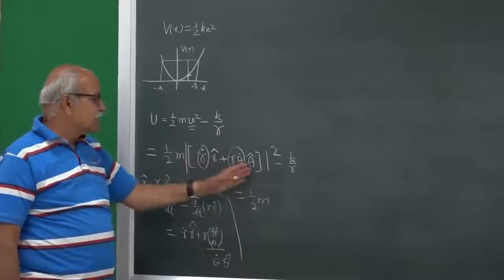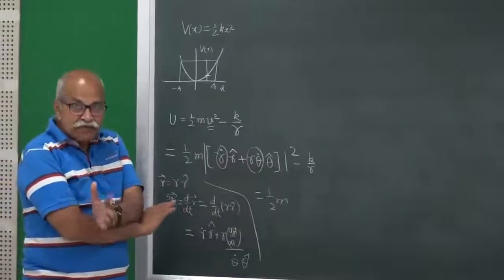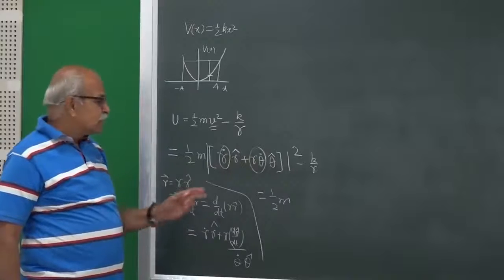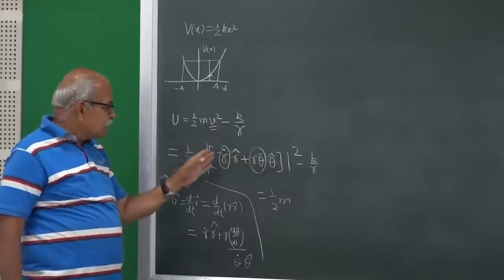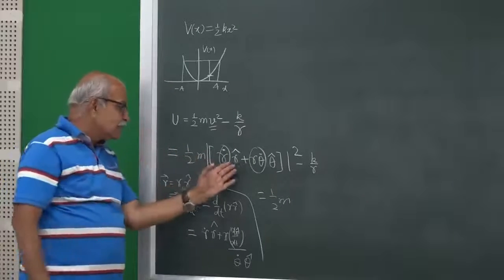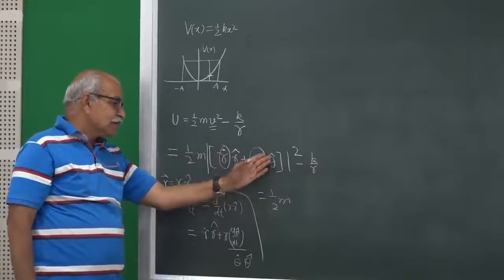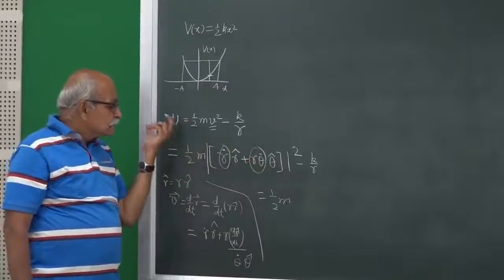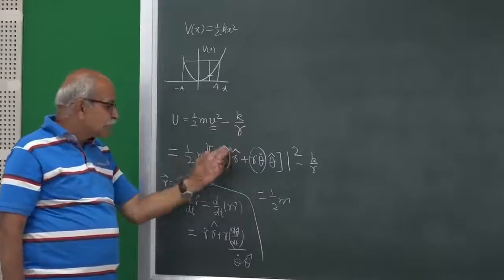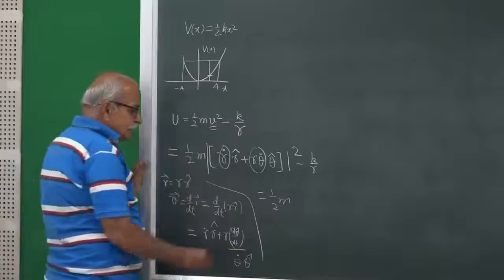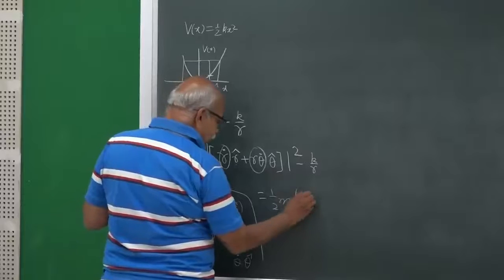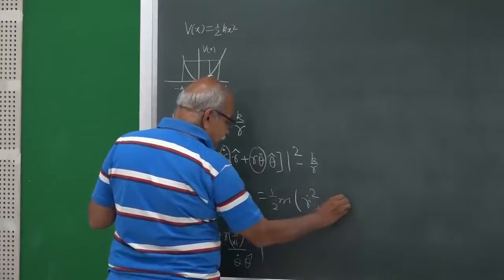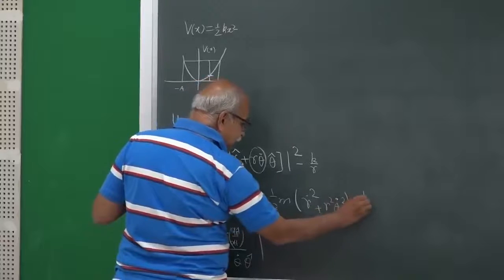The r cap direction and theta cap direction are unit vectors in perpendicular directions, and therefore you have broken the velocity vector into perpendicular components, one along r cap, another along theta cap, and so the magnitude square is the sum of the squares of the two components. So, this will be r dot square plus r square theta dot square. So, this will be the magnitude, and minus k by r.